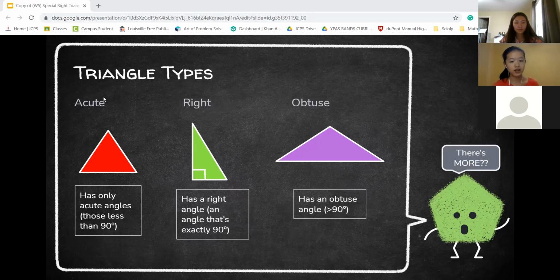And obtuse triangles have one angle that is greater than 90 degrees. You can remember this by thinking that acute is a cute little triangle with little angle measures, so it has the smallest angle sizes. Also, with right triangles, we indicate that an angle is right by a little square in that angle's corner.